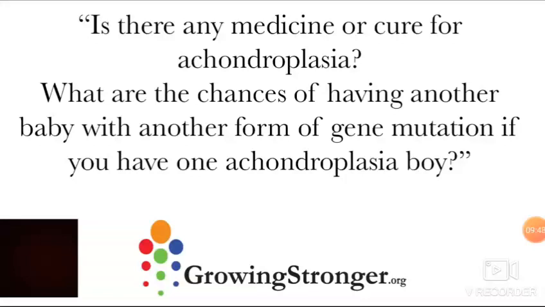And we know empirically, that is from counting families, that this can occur about 2 or 3% of the time. So again, average parents with one child with achondroplasia, the chance of having a second child with achondroplasia is not the original 1 in 25,000. It is approximately 2 or 3%.